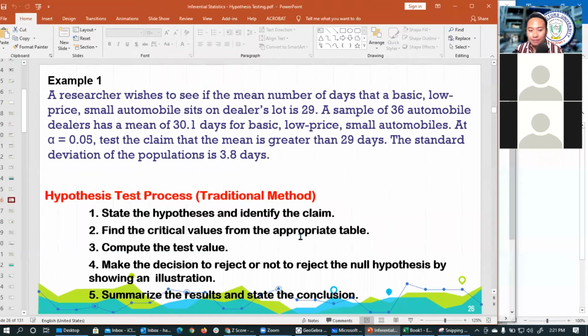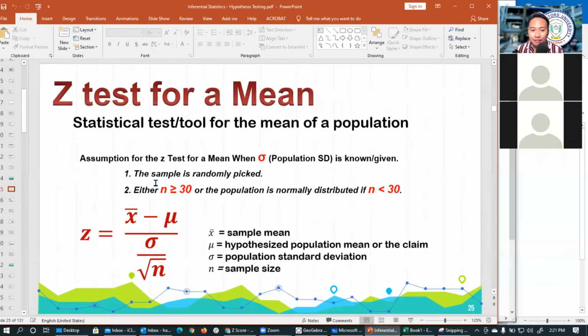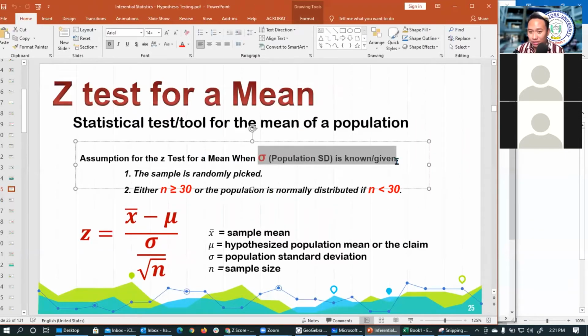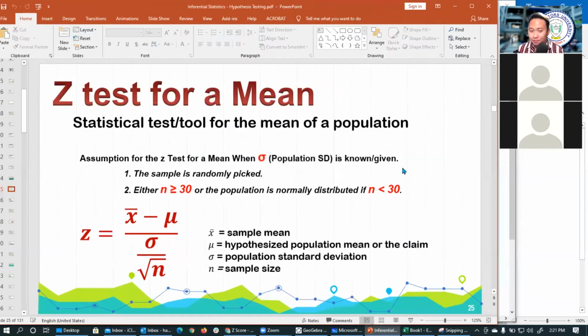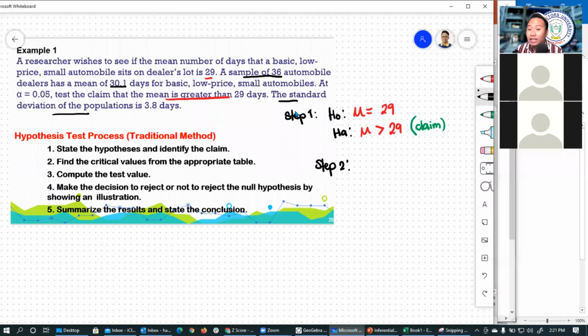According to what I have mentioned earlier, if the population standard deviation is given or known, then you are going to use the z-test for mean. So with that being said, you should already know it is a z-test before even stating the null and alternative hypothesis. Okay? Good. Now, how to determine the critical value for step number 2?